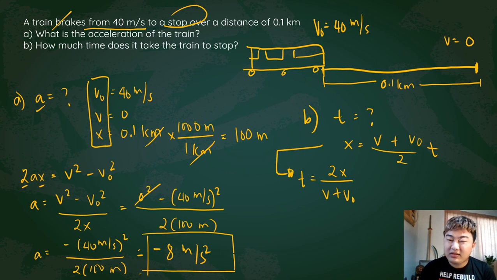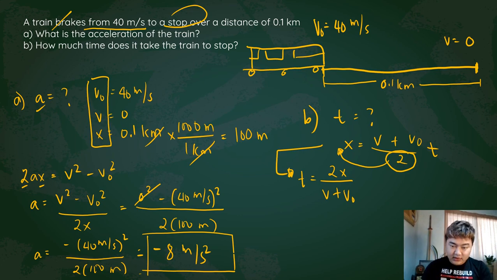That's now our equation. How did we arrive at that equation? So you can see here 2, transpose it there, it becomes 2x, and then you now have v plus v0 times time. You just transpose v plus v0 because they can be considered as one expression. You cannot just take out v separately and v0 separately because they are multiplied with time. So transposing that, it will be divided by v plus v0. So you now have time is equal to 2x divided by v plus v0.